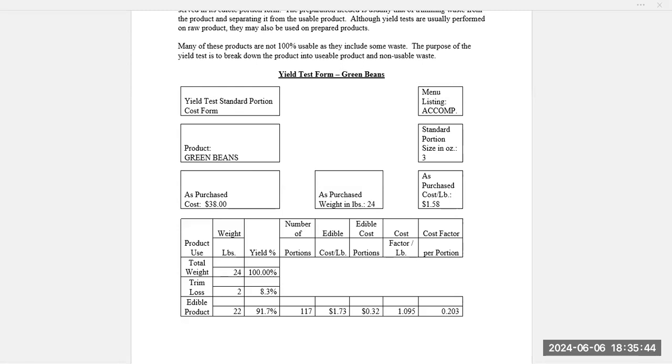Sir, I think you divide the as purchase weight by the as purchase cost, sir. Do it until we get... Yes, sir, that's what I got, 1.58.